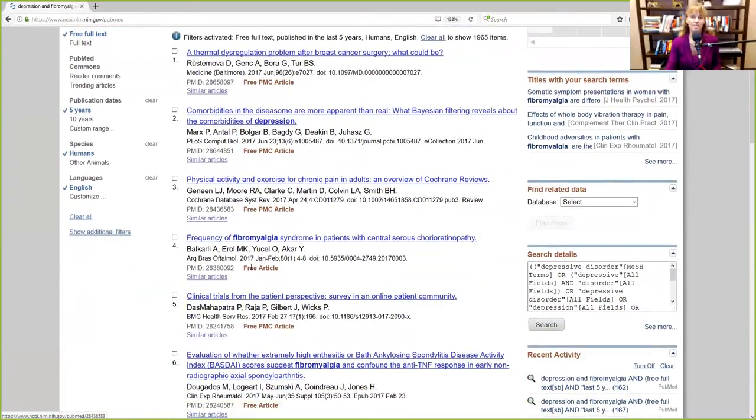This one talks about physical activity and exercise and chronic pain adults. So what kind of alternative interventions might your clients with chronic pain be able to use?